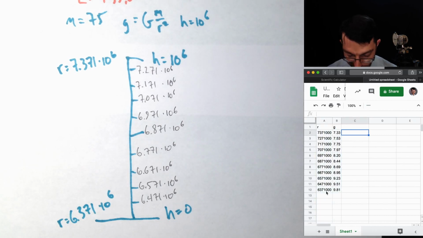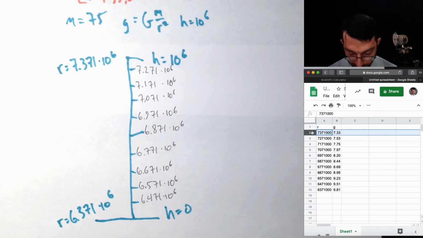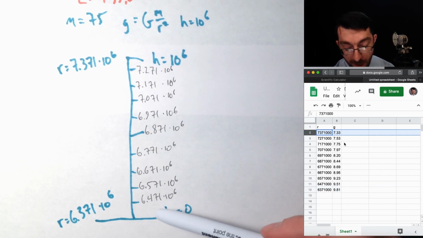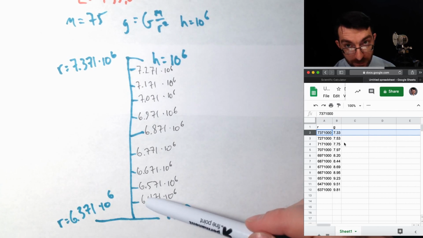So, on the ground, gravity's 9.8. Up at a million, it's 7.33, which means you can approximate this as jumping from a height of 0 just to a height of 100,000 meters.